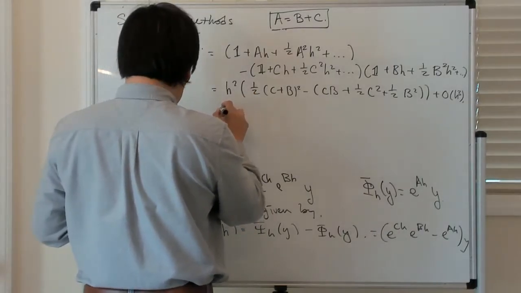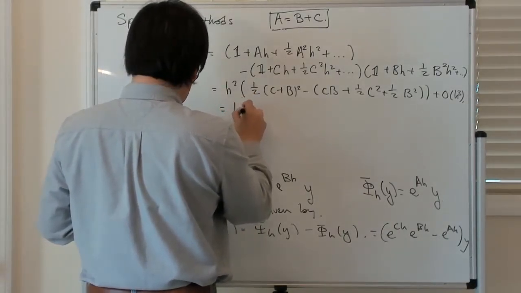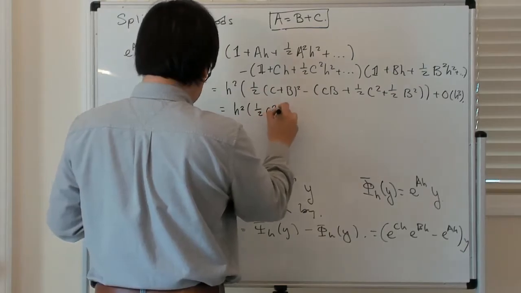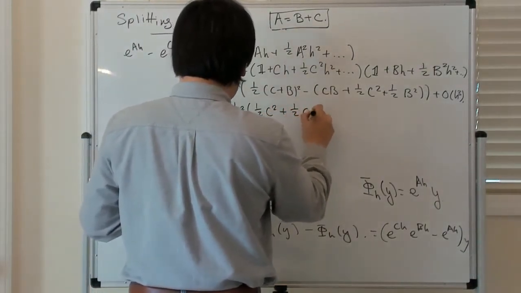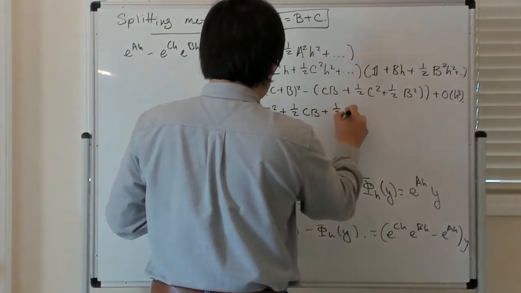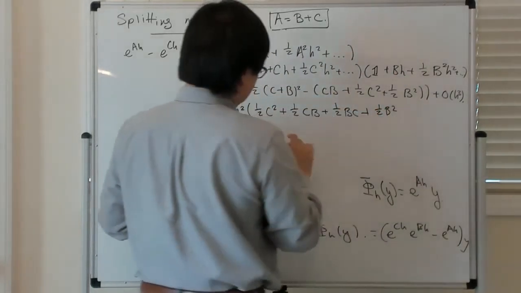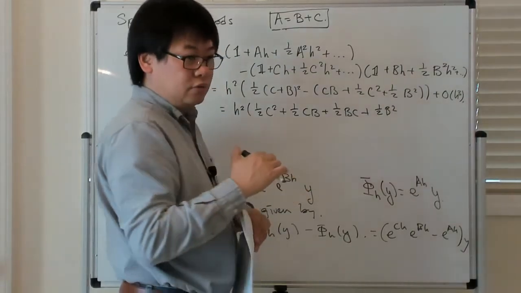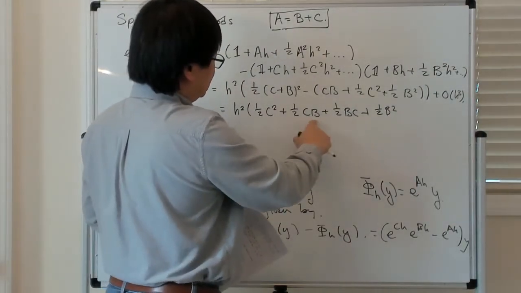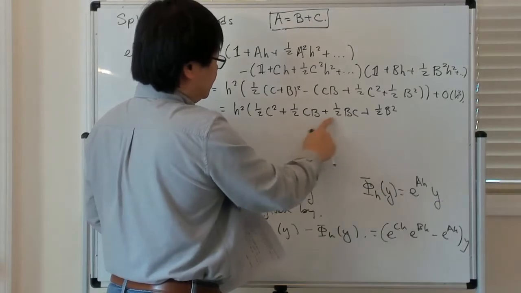So let's see what happens. You get h squared times 1/2 c squared plus 1/2 cb plus 1/2 bc plus 1/2 b squared. You see the care to not assume that b and c commute by the fact that we have these two separate terms.